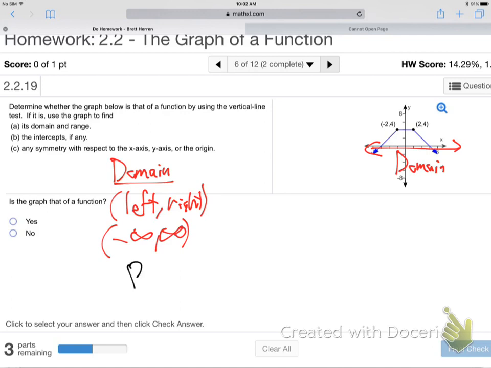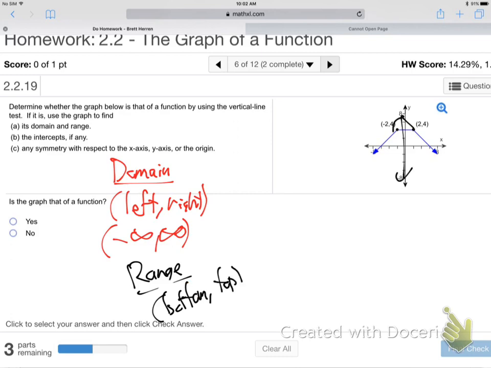The range is a little more tricky. Try the range. Bottom, comma, top. So what's the bottom? Well, this graph goes down forever, so the bottom is negative infinity, parenthesis next to infinity always. What's the top?